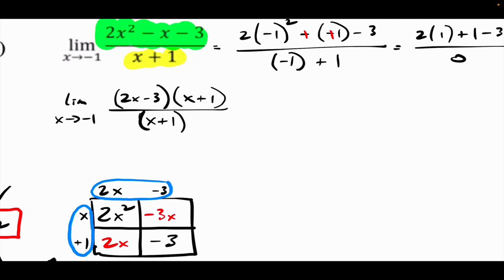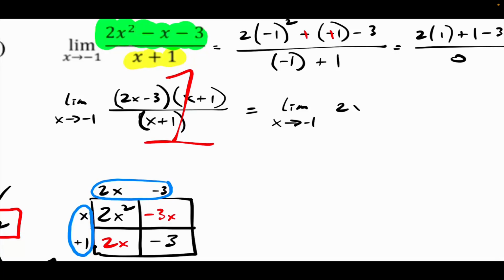So anything cancel out? Yeah. So when anything divides by itself, what does it always make? Anything divided by itself always makes a positive 1, right? So I always put a giant 1 there. So now we're left with the limit as x approaches negative 1.